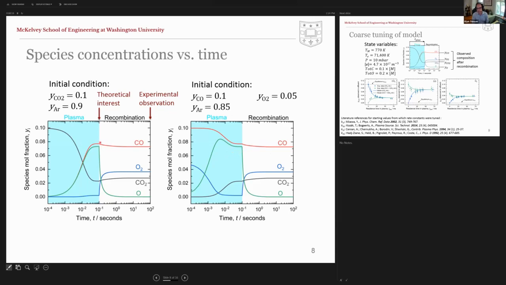And so it readily reacts with the carbon monoxide and associates to form dioxygen. And then what we observe is the gases after the recombination process has occurred. And you can see that this kinetic model works in the sense that the observed composition and the composition at the end of the plasma are independent of the initial condition. And so we can hit the stationary state in the plasma.